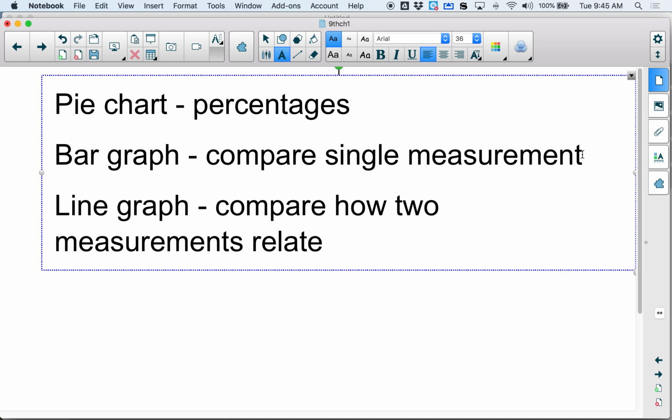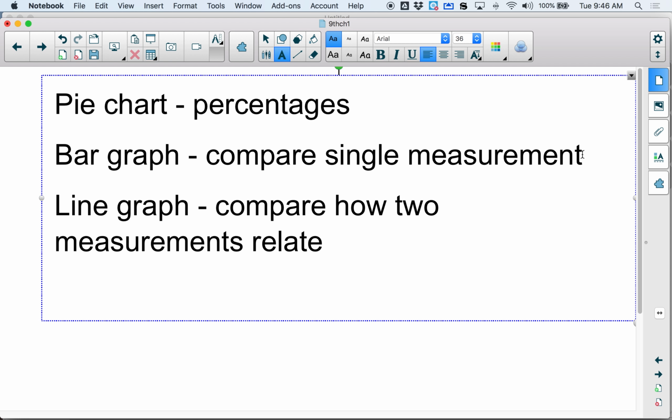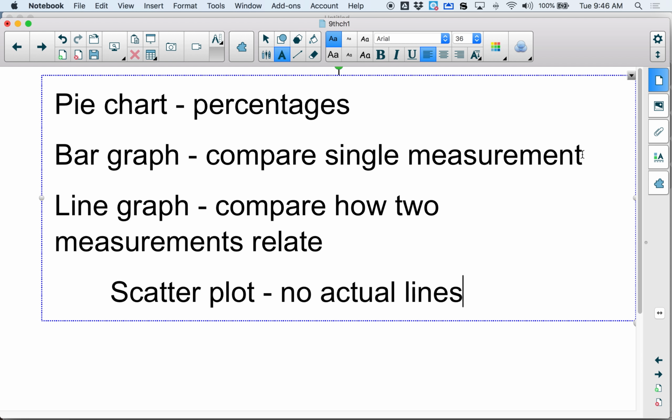Now today we're actually going to be working with a subset of line graphs, a special type of line graph called a scatter plot. A scatter plot is basically a line graph, but you don't put the lines on. You don't connect each of the dots that you put on there with lines.